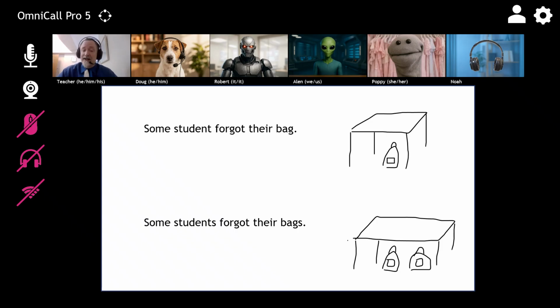So the book claims we should use some student forgot their bags. Well, if I said it this way, that makes it sound like there's one student that is a very hardworking student and they have so much homework, the student needs 2 bags. If I say some student forgot their bags, student is singular, bags is plural. It has absolutely nothing to do with known or unknown.